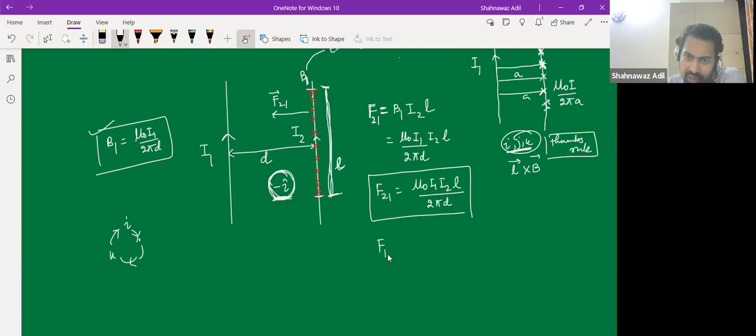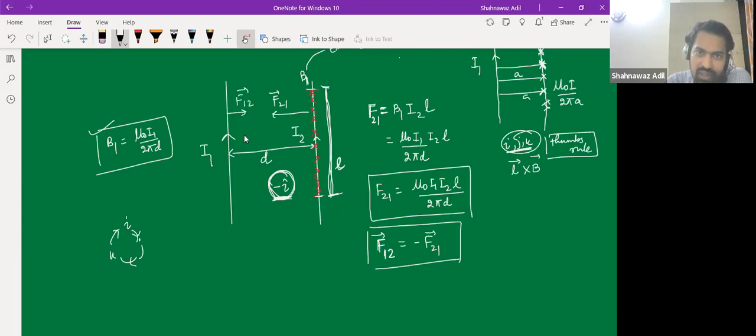Similarly, if we calculate the magnetic force on 1 due to 2, this would be minus of F21, so this would be F12. You guys think about it, and do here whatever we did above. Then we get this magnetic force. You can see that these are pulling each other in their direction, so this is an attractive force.